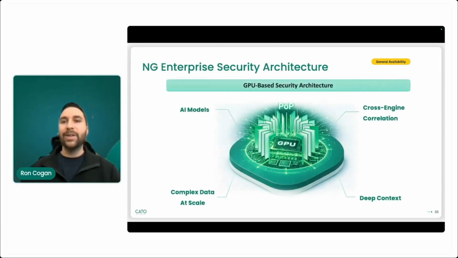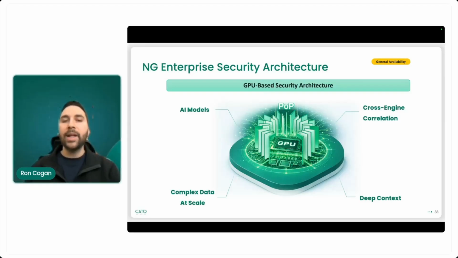In order to actually achieve this goal, we already have our GPUs in general availability. We want to be in our POPs, our points of presence. To apply those adaptive, context-aware controls and have advanced models running in real time, we need the right architecture.